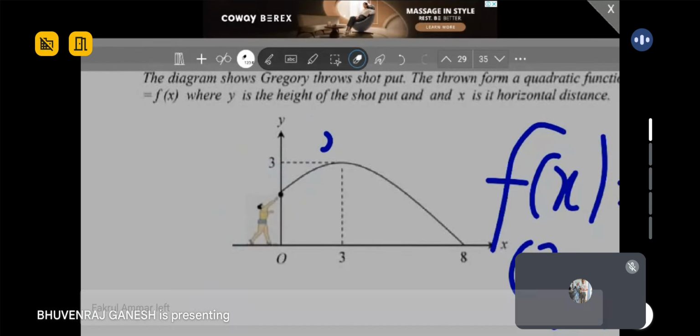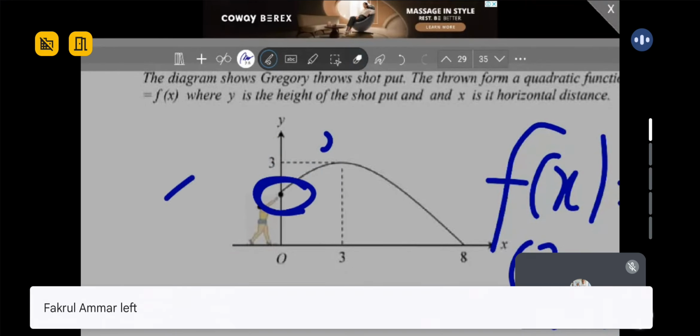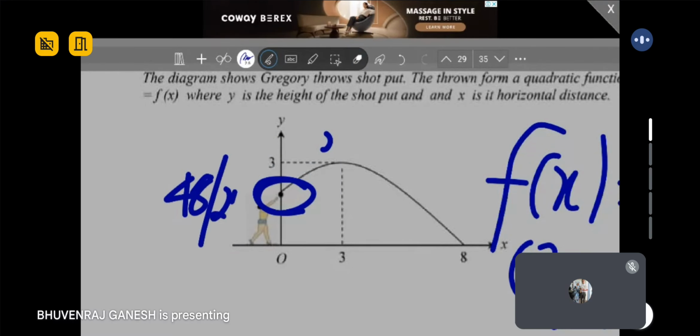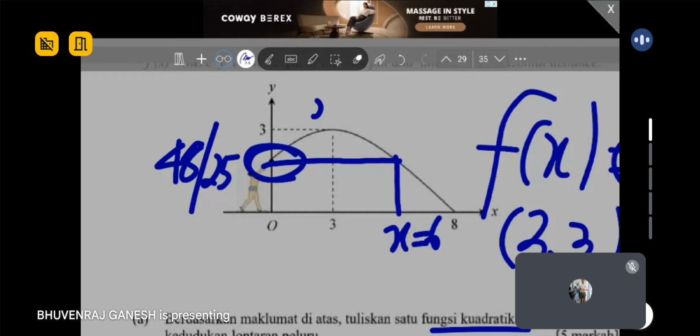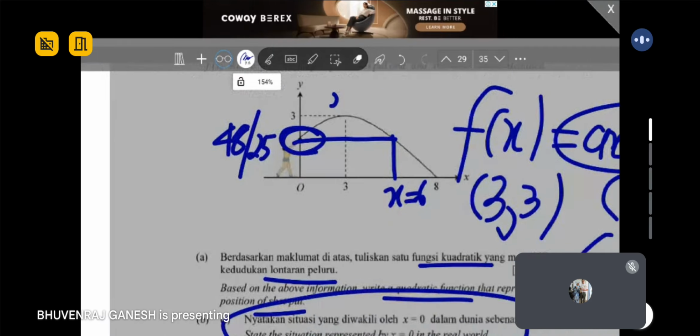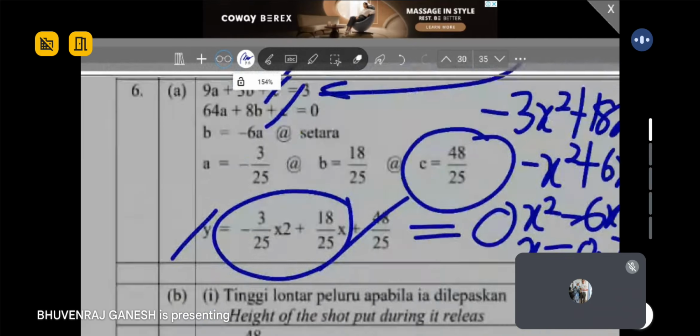Okay, because now you're referring to this height. Kamu tengah bincang pasal yang ni. 48 per 25. So you guys just draw a straight line. So this is the value they want you to find guys. So when you solve, you should get x equal to 6. Logic kan berdasarkan graph. Your value is very logic. That's how you get 6. Okay? So that's why the answer is 6.